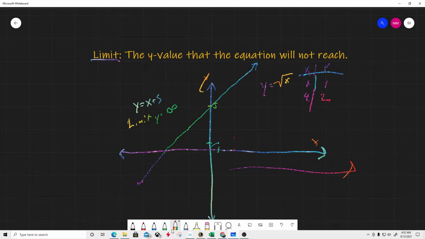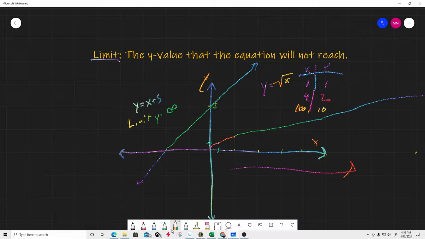And look how this graph is starting to flatten, right? So let's just skip to maybe 100. Well, the square root of 100 is 10. So if this is 1, and this is 4, but we're looking at something way over there, this graph is just kind of flattening off.